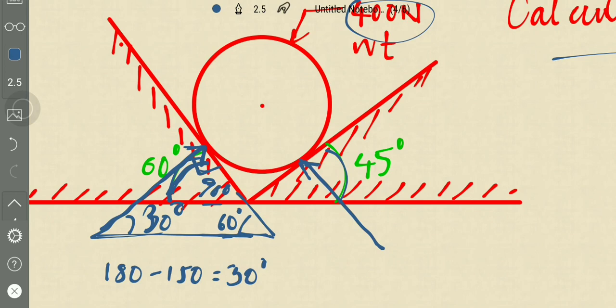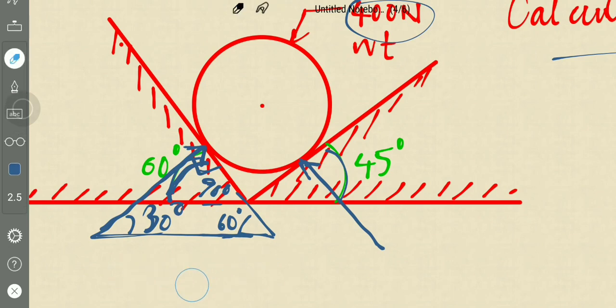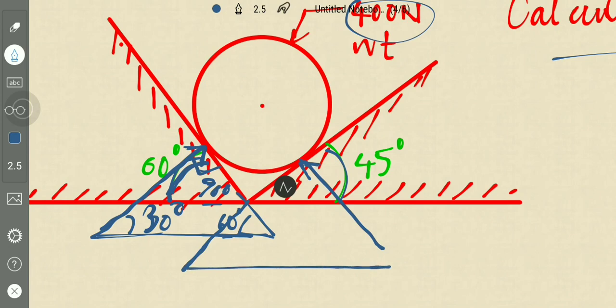Considering this, this is 45 and this will also be 45 degrees, and this is 90.